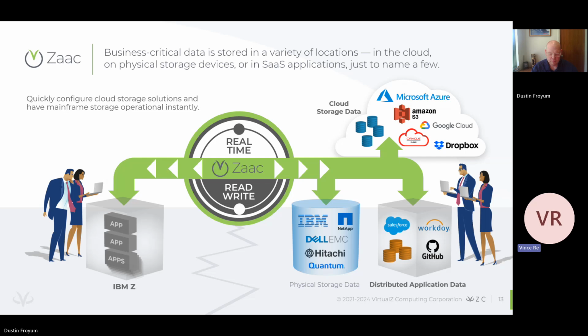We've created a system where we can give you what amounts to a virtual disk on your mainframe that's backed by cloud storage, or even by physical storage if you have maybe a SAN in your environment that you want to use for mainframe data. The beauty of this is your applications just see another device. They just see another standard mainframe disk, and they're free to do whatever they could otherwise do.